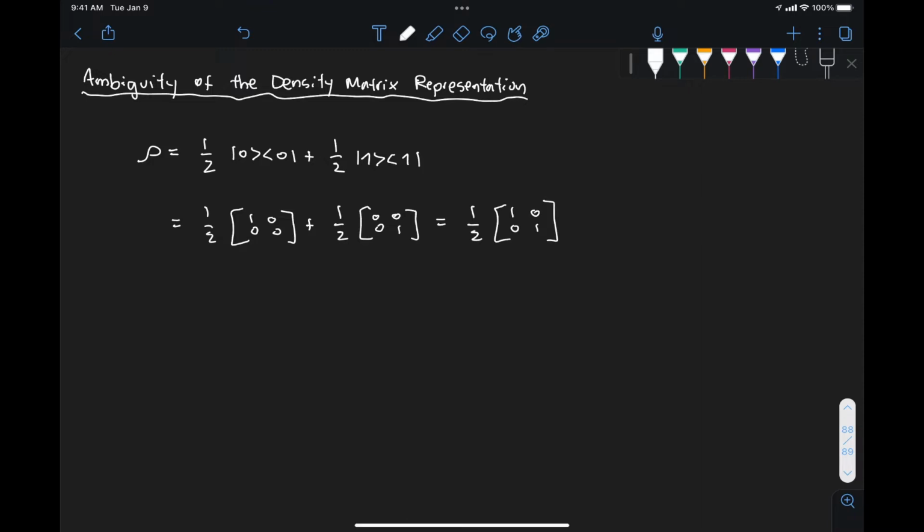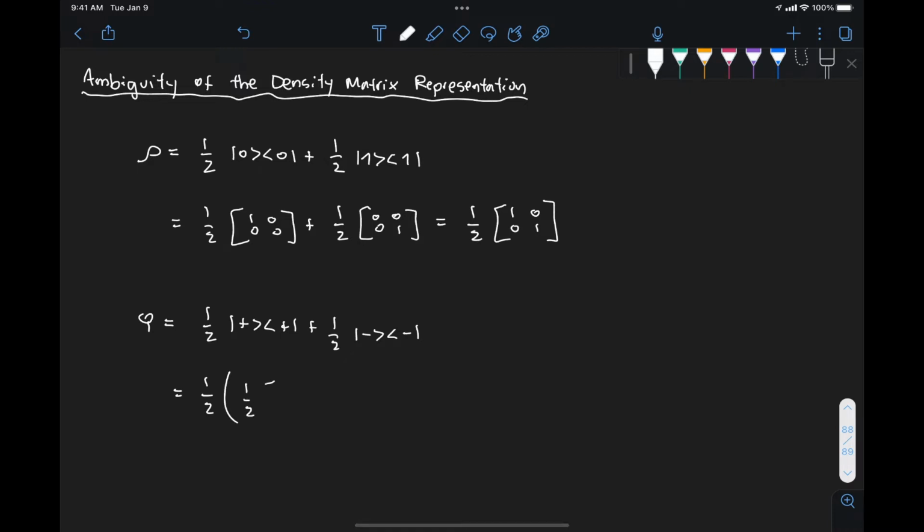But now let's imagine we have a completely different preparation, a different ensemble of states. Let's say we have 1/2 state plus, and then 1/2 state minus. Now, if we look at this in matrix form, this gives us 1/2, and what is the density matrix for the plus state?